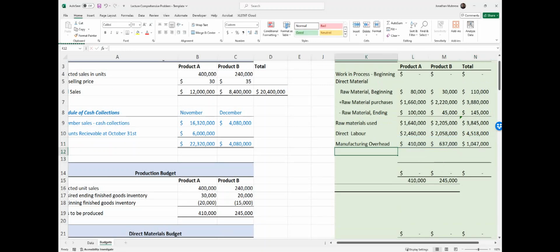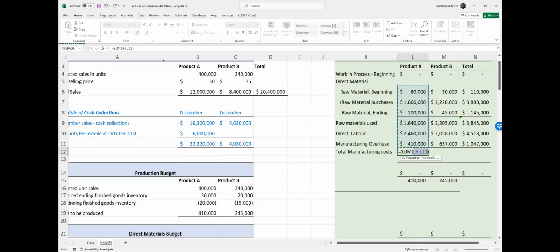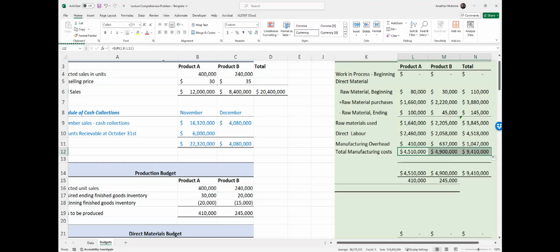Okay, and so if we add our direct material used, our direct labor, and our manufacturing overhead, that will give us our total manufacturing costs, and we will subtract our ending work in process.